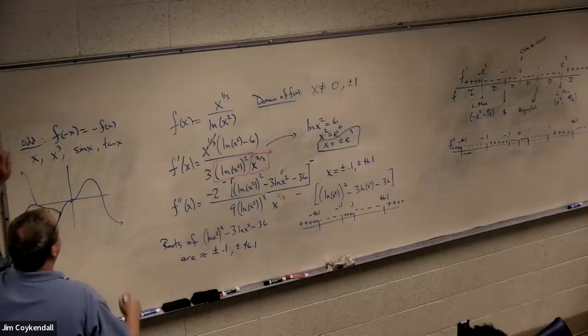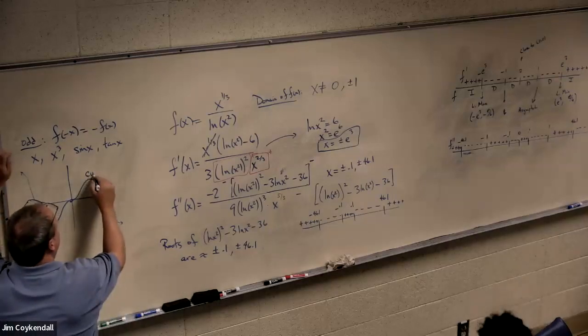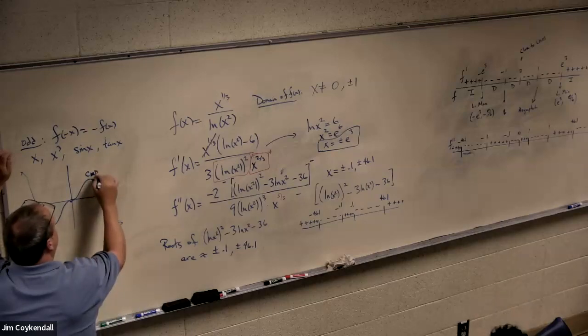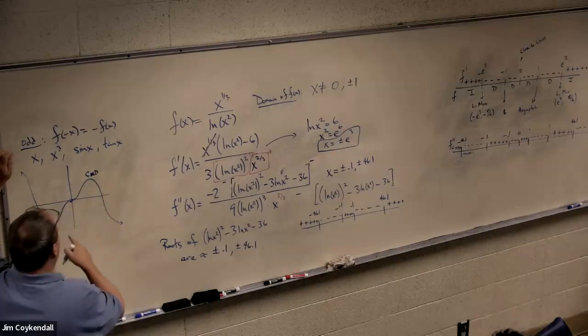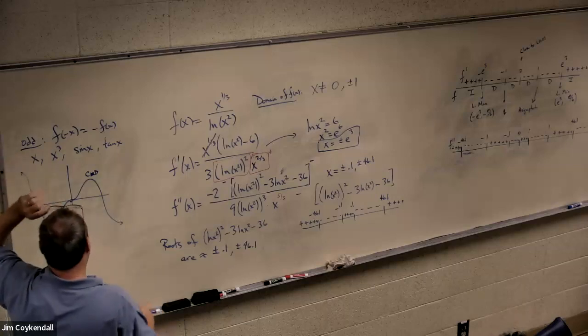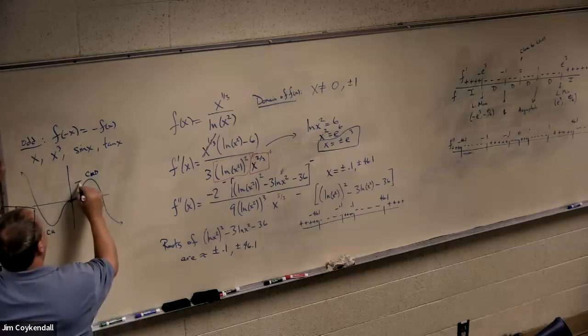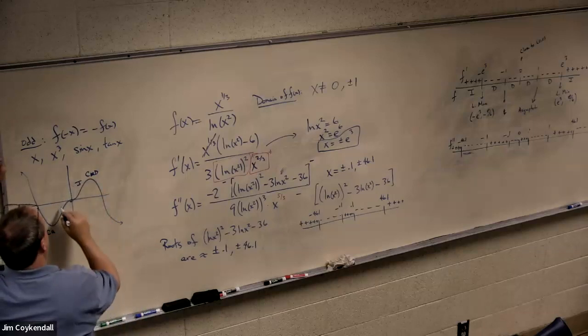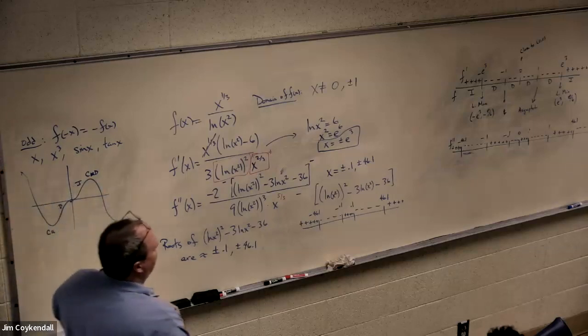So notice in this hump here, you were concave up, no, you're not, you're concave down, right? In the mirror image, you're concave up, right? Notice that here you're increasing up to this point, and here you're decreasing, right?